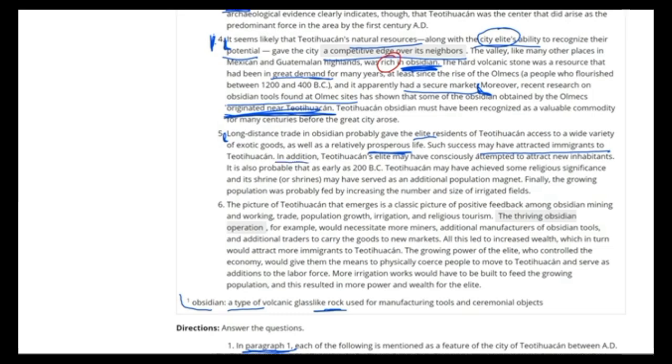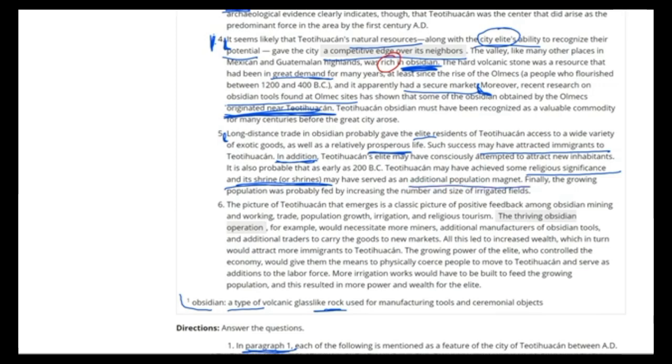In addition, so this means there may have been another factor. That sounds good because we need 2 answers. Teotihuacan's elite may have consciously attempted to attract new inhabitants. It is also probable that as early as 200 BC, Teotihuacan may have achieved some religious significance, and its shrine or shrines may have served as an additional population magnet.